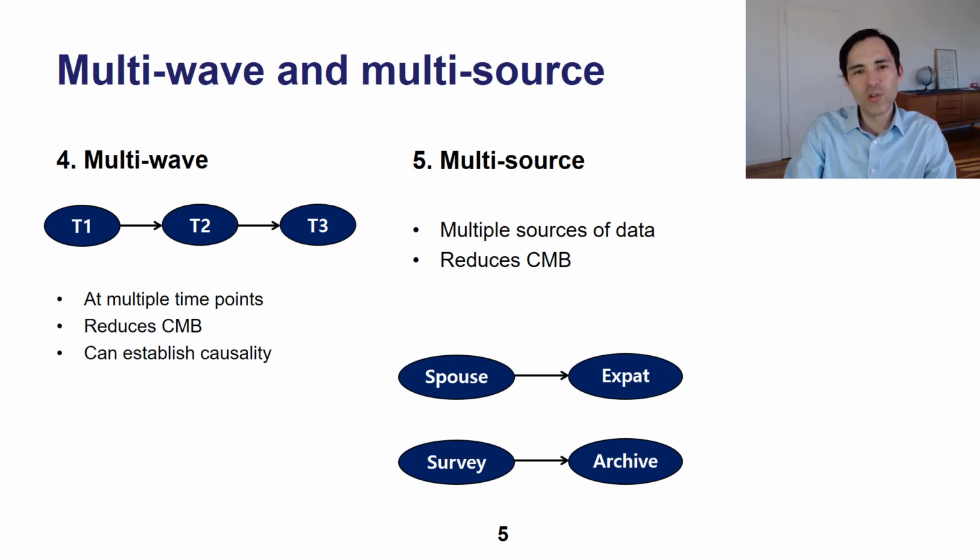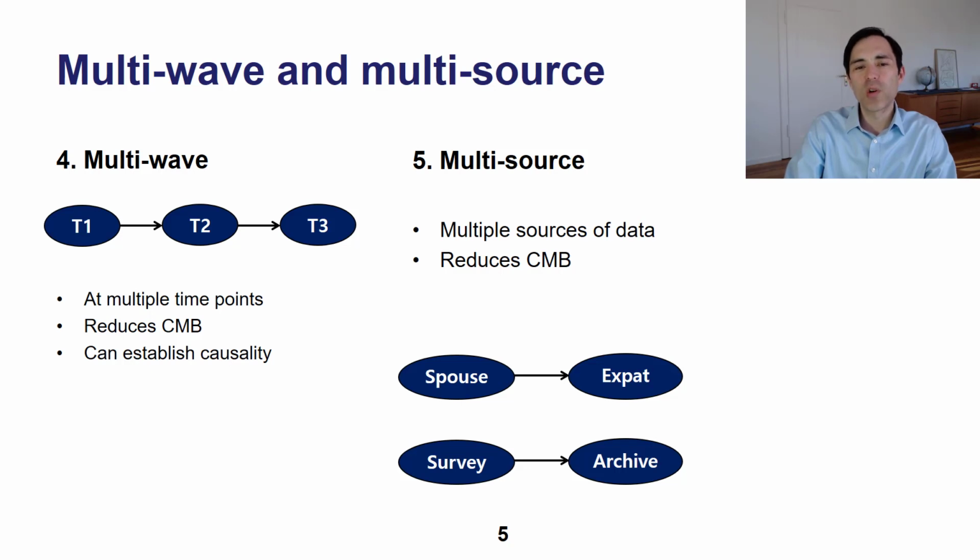I have another video where I will talk in more detail about common method bias and other major problems in survey research. Such kind of designs can help to establish causality or near causality. And there are also different statistical ways of trying to establish causality. At least it reduces common method bias.